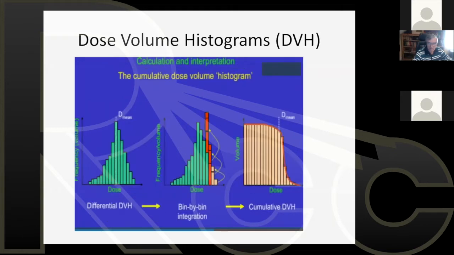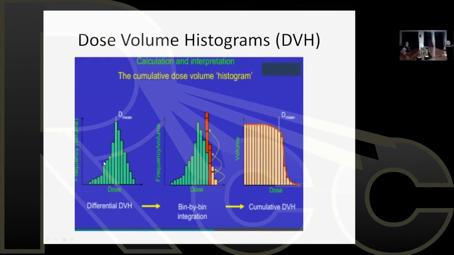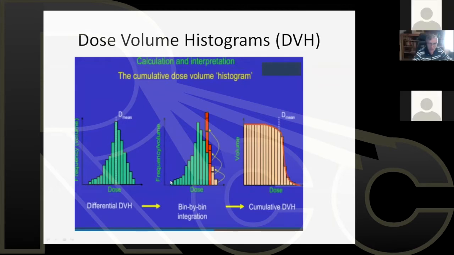Now, if you take that differential dose volume histogram and you begin to add them one on top of another, each histogram added continues to add. And as you can see, you end up with this typical characteristic DVH curve. It's a sigmoid style curve.